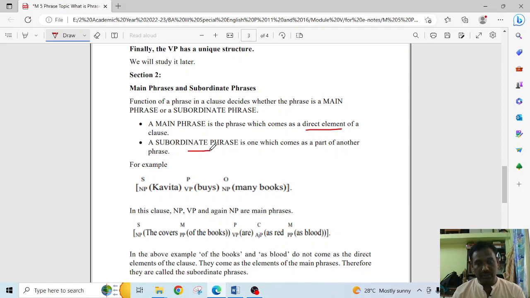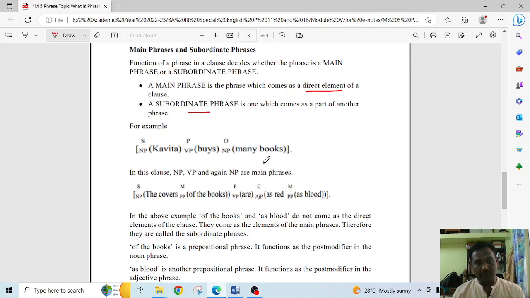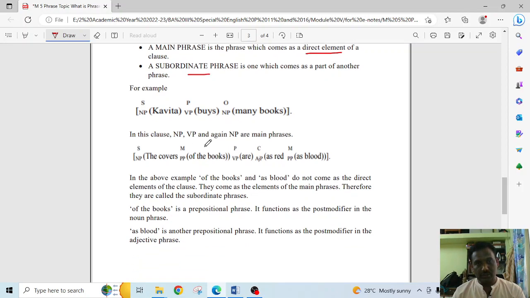On the contrary, a subordinate phrase, which comes within a phrase, can be dropped. Now look at this example, Kavita buys many books. In this example, Kavita is noun phrase, buys is verb phrase, many books is noun phrase. So you cannot drop any of these phrases from this whole clause.